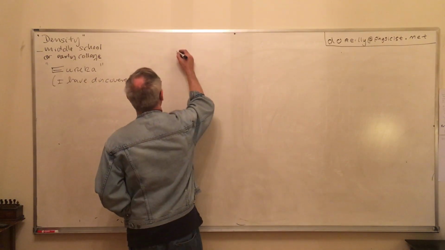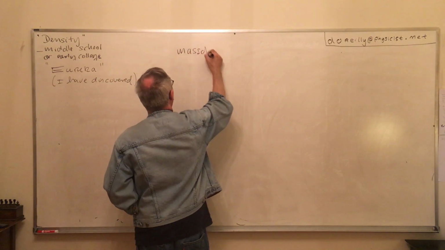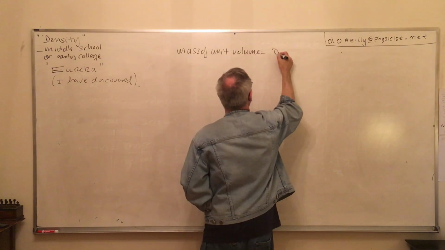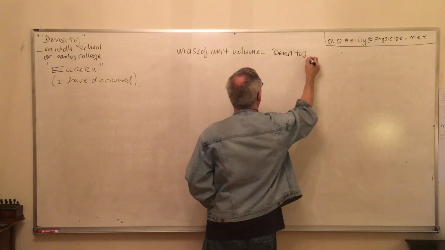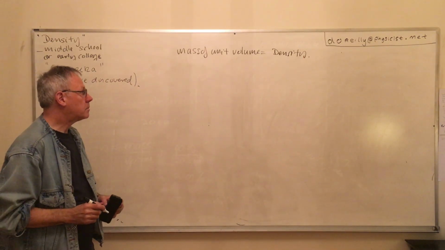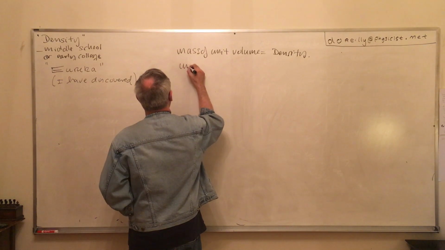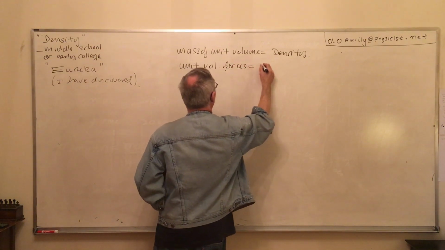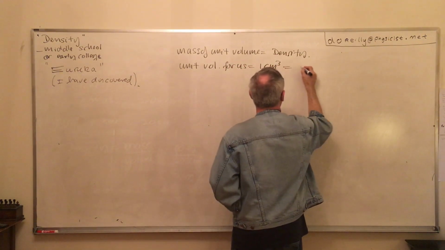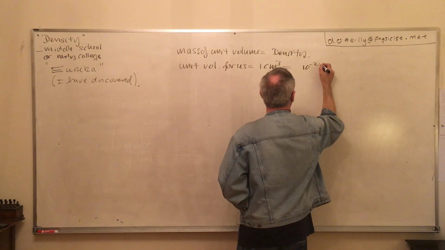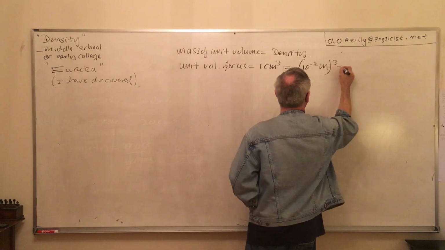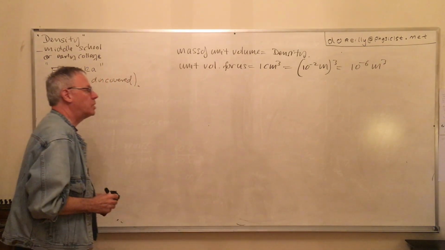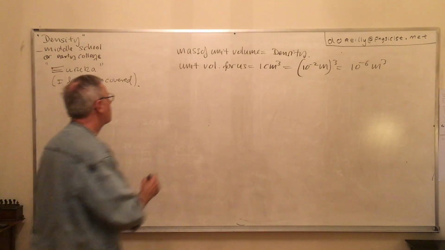Okay, to summarize, mass of unit volume is density. And we use cubic centimeters, which is 10 to the power of minus 6 cubic meters.